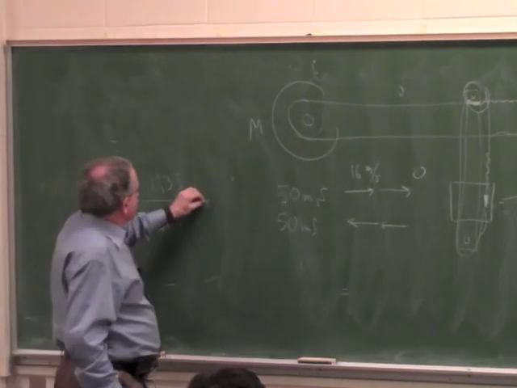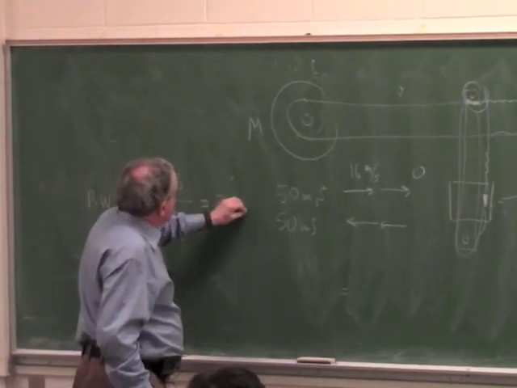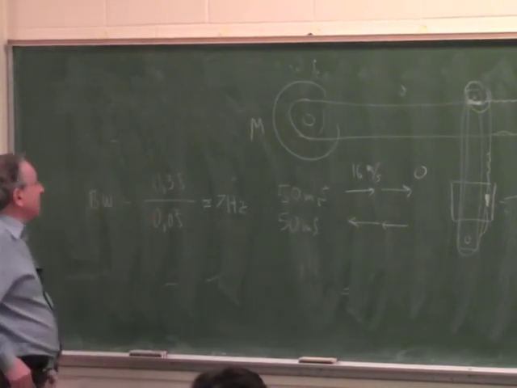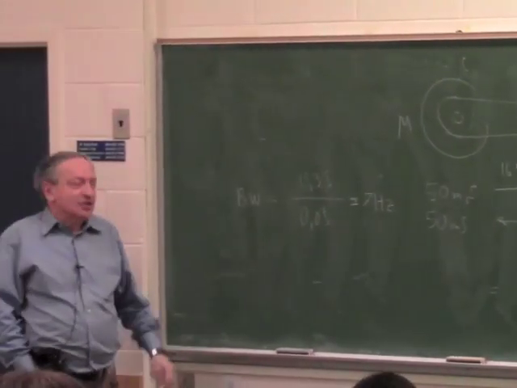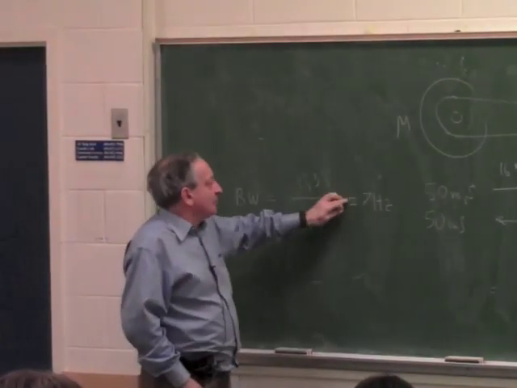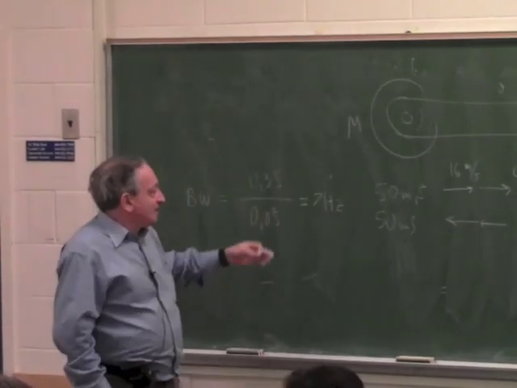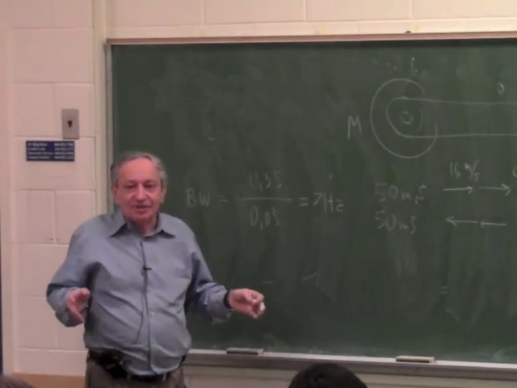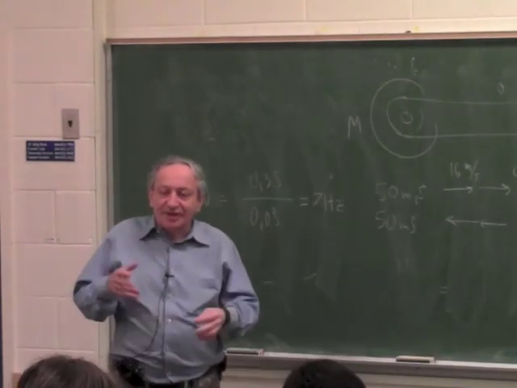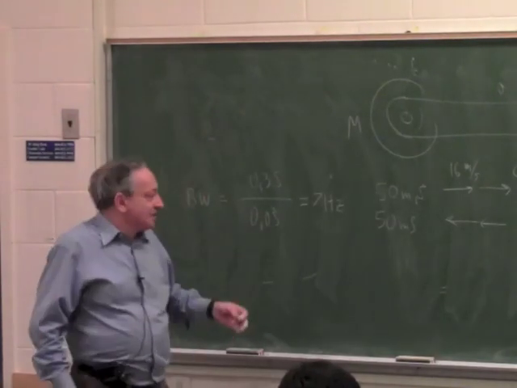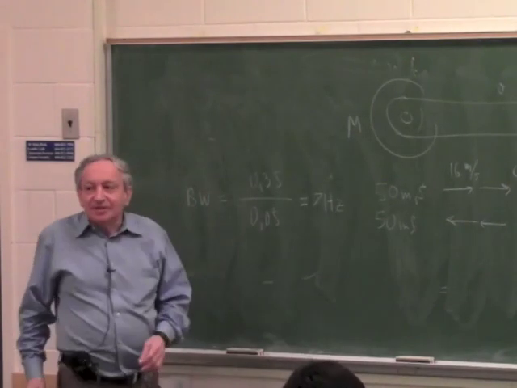So that's about 7 hertz. So the bandwidth is actually quite low. Okay? That's just to check when you pick a motor or an amplifier, just to get an idea what bandwidth you need. So let's say it's about a 10 hertz bandwidth system. So when you put amplifiers in, filters in, it's in the order of a 10 hertz system.